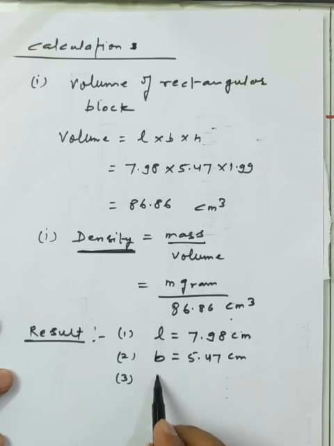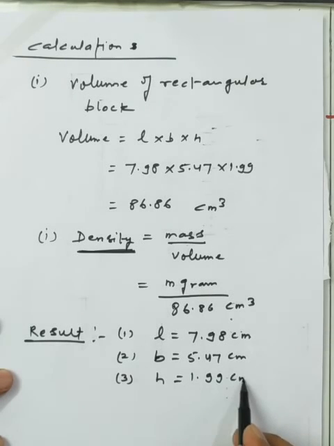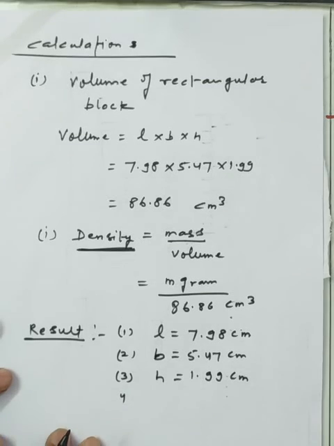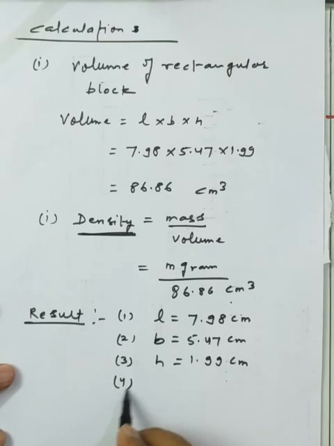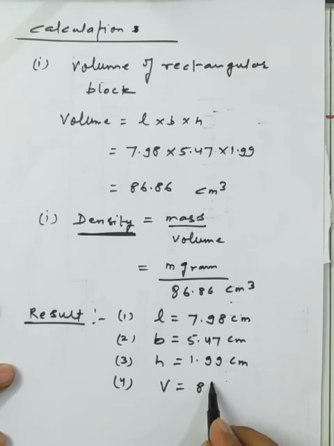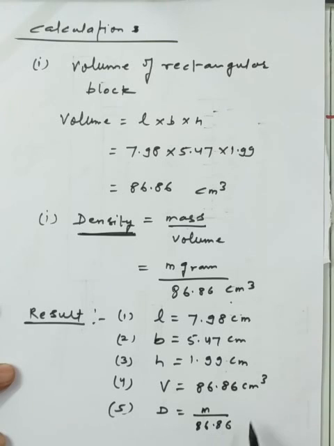Third, the height of the given glass slab is 1.99 centimeter. And the fourth result, the volume of the given glass slab is 86.86 centimeter cube. And the fifth, the density is m upon 86.86 gram per centimeter cube.